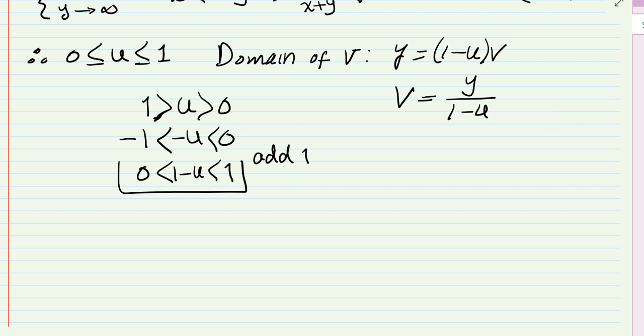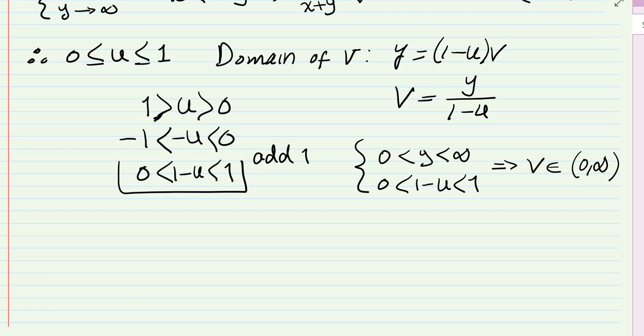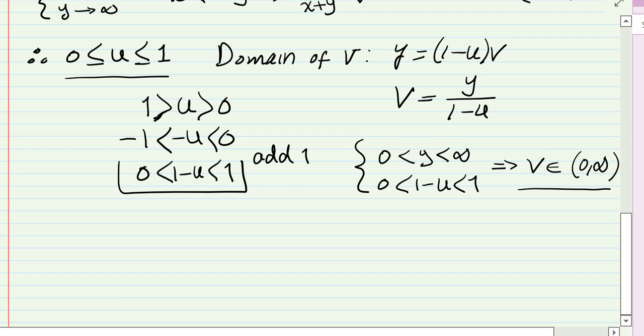So for the domain of v, we can say because y is between 0 and infinity, and the denominator is between 0 and 1, the numerator is between 0 and infinity. Therefore, v has to be between 0 and infinity. Cool. So we now have the limits of integration for v as well as for u, those two new variables.